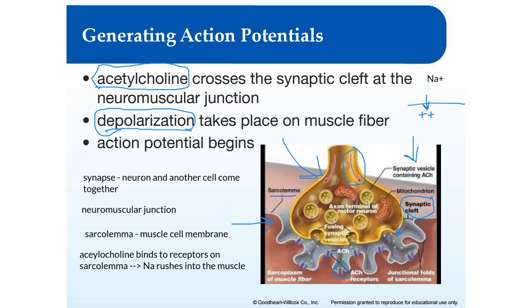So the acetylcholine binding to the receptors causes the sodium to rush in, which causes the depolarization, and that triggers the muscle contraction to begin. That's how the muscle gets the signal that it's supposed to contract: by that depolarization, that change in the charge of the membrane.